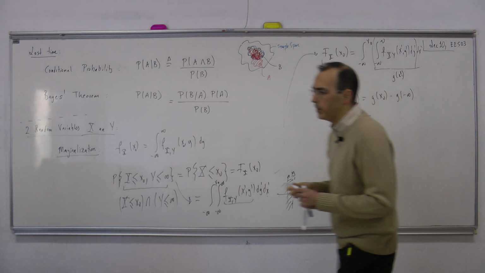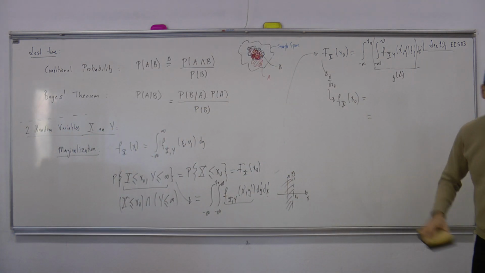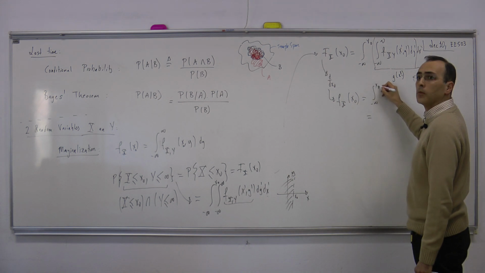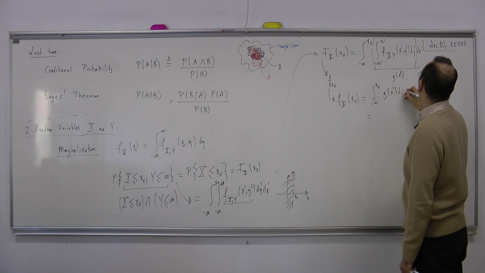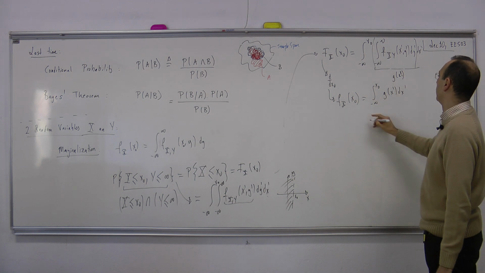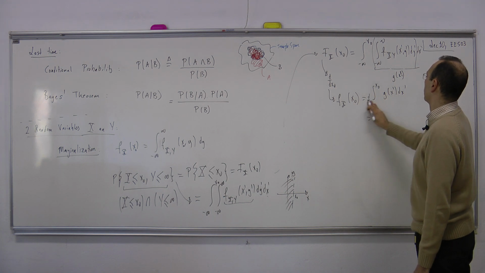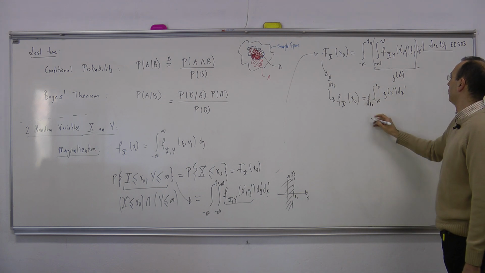If you want, let me explain this a little further. So I have the integral of g of x prime dx prime, differentiated with respect to x naught, from minus infinity.